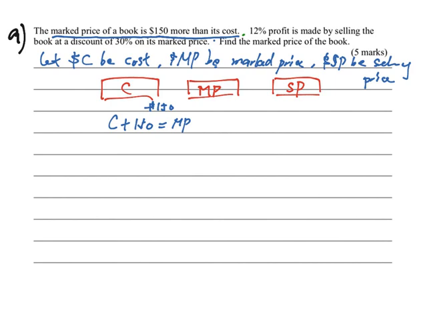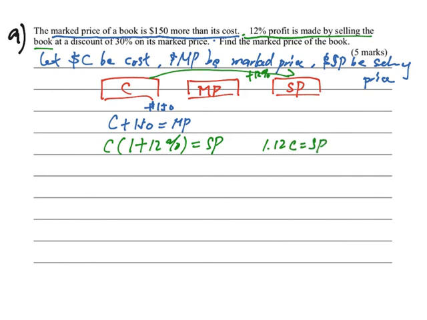Next, we look at the profits. 12% profit is made by selling the book. For the profit, we are comparing the cost and then selling price. 12% more. So C times 1 plus 12%, because profits, equal to selling price. So actually it's 1.12 C equal to SP.